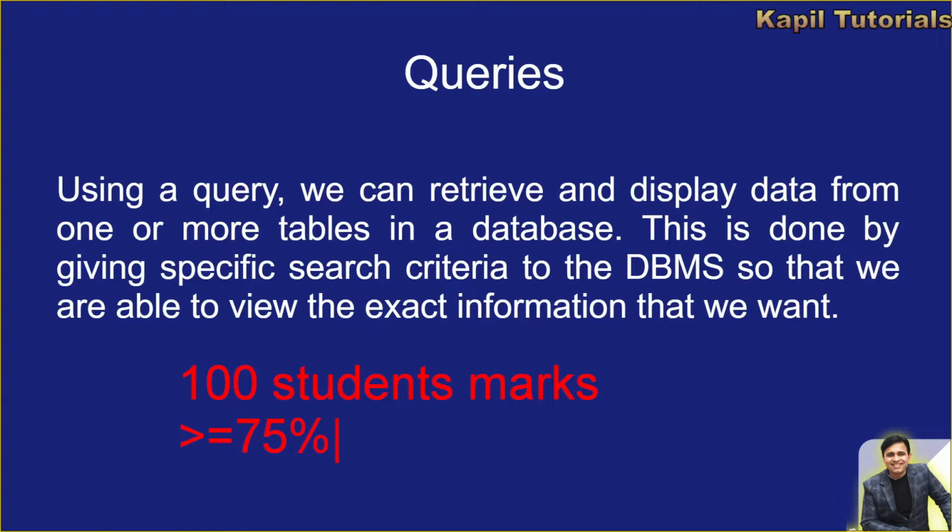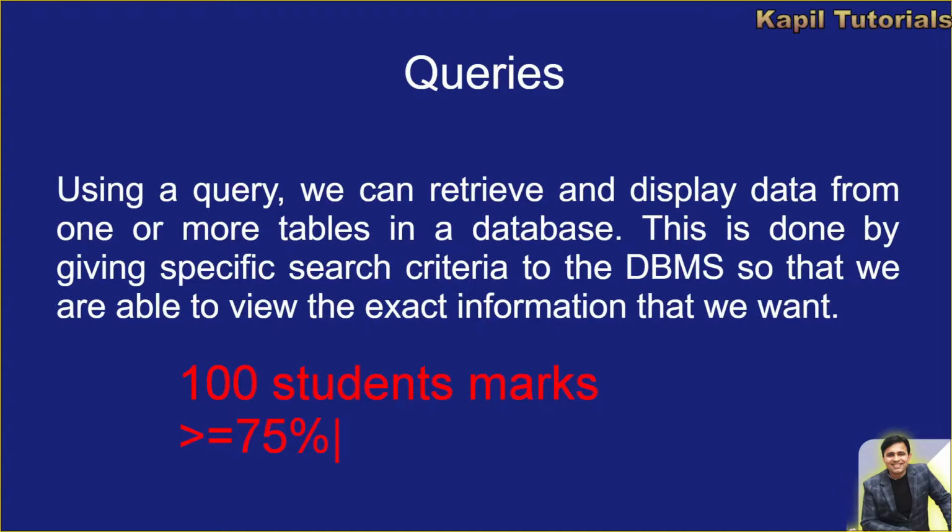That means we want to make a certain request from the data of 100 students. It can be the overall marks of 1000 students also, 10,000, or the overall data of students from all over India or all over the state, that means in lakhs. And if that data is stored, with the help of a query, we can retrieve that data.